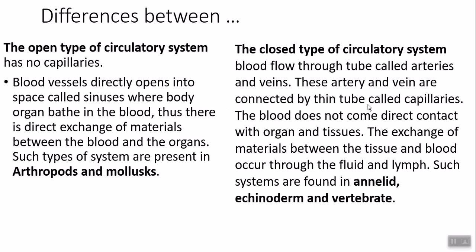These arteries and veins are connected by capillaries. The blood does not come out of the blood vessels, and there is no direct contact between the blood and the organs and tissues, except perhaps through the capillaries. The exchange of materials with the tissue occurs through fluid and lymph. Such systems are found in annelids, echinoderms, and vertebrates.